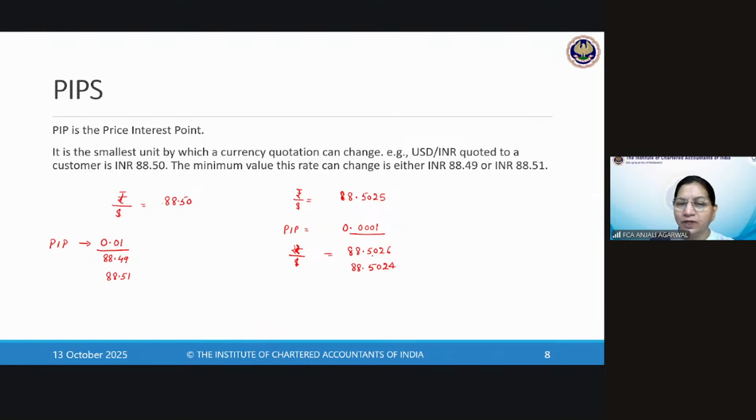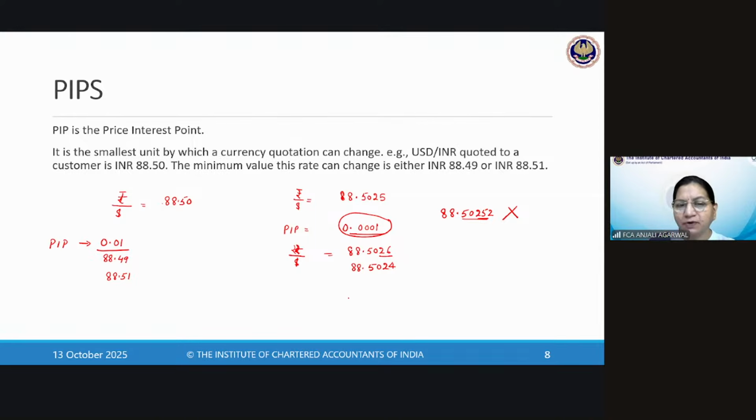So it can go to 88.5026 minimum. It cannot be anywhere in between. If I say the price of the dollar was 88.50252, that is not possible. Why? Because the PIP is 0.0001, so you will make a fluctuation only up to 4 decimals. Anything else is to be rounded off. So the minimum fluctuation is 88.5026 if it goes up, and 88.5024 if it goes down.